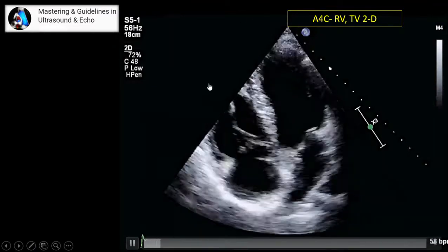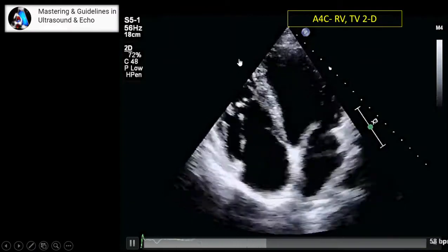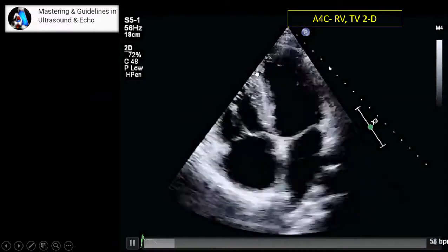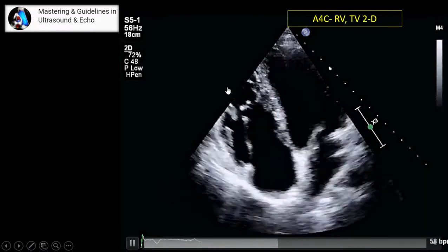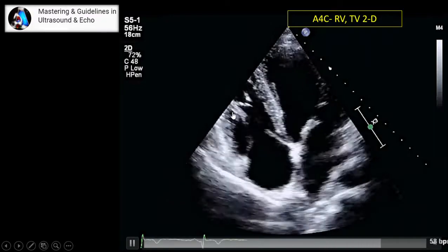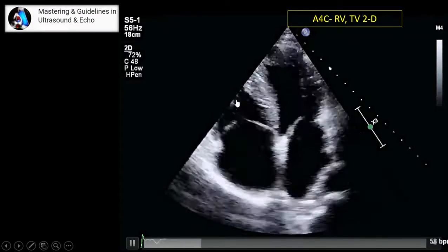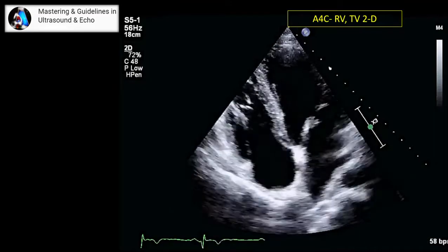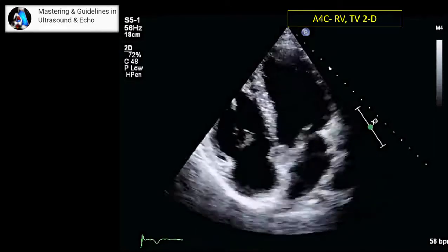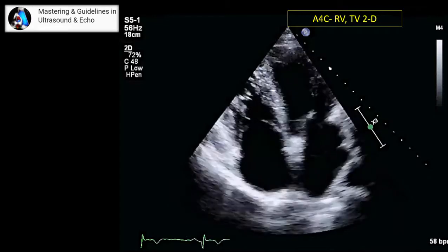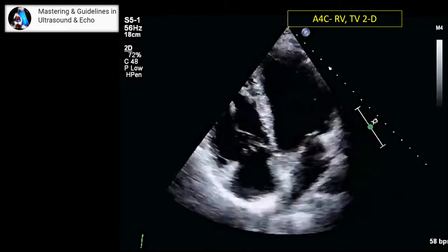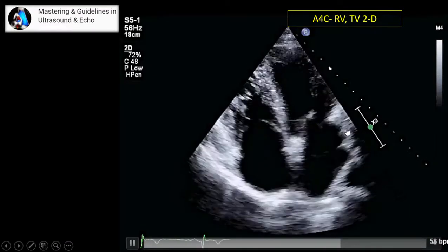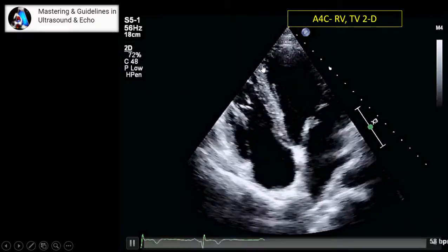As you know, in the classic apical 4, the lateral free wall of the right ventricular is almost parallel to the sound wave. So it doesn't give you a clear free wall of the right ventricular, especially when we have right-side problems like right coronary artery stenosis or obstruction, and we have to see the free wall of the right ventricular clearly. For that matter, and for the right ventricular dimension, we go to the right-focused apical 4.